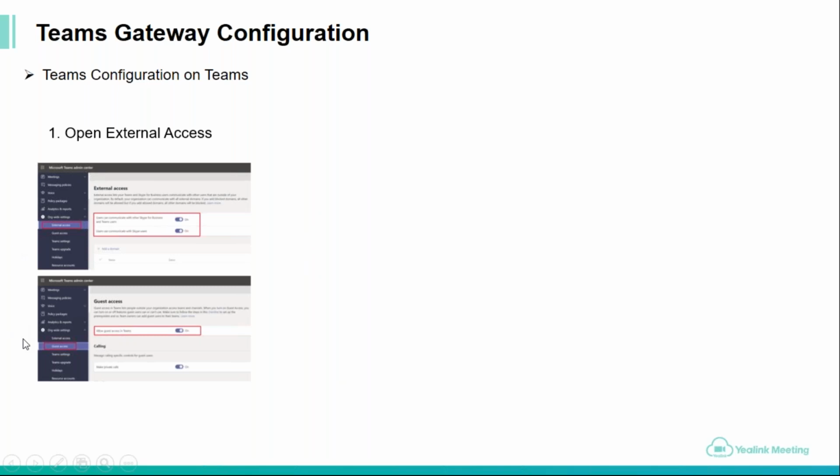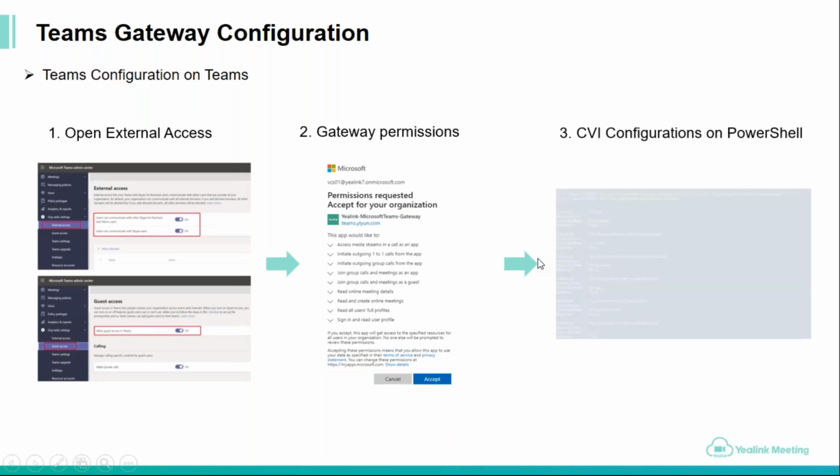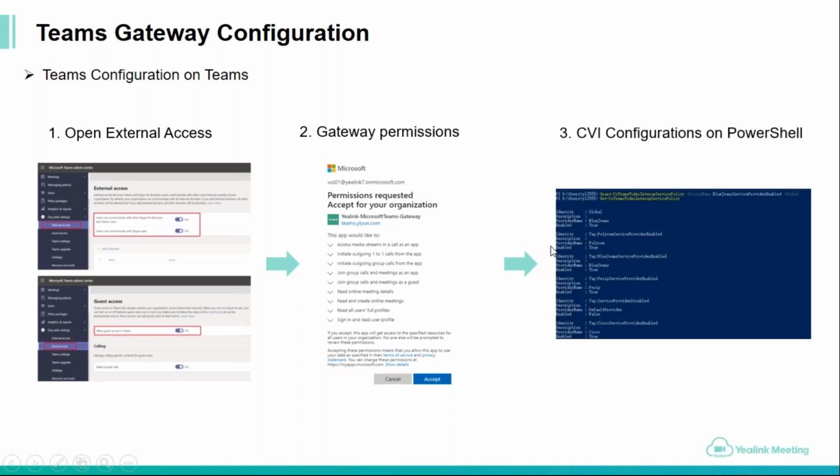First you should enable the external access and guest access on your Microsoft Teams admin center, and then for the gateway permissions, you should accept our gateway, and then the CVI configurations on PowerShell.